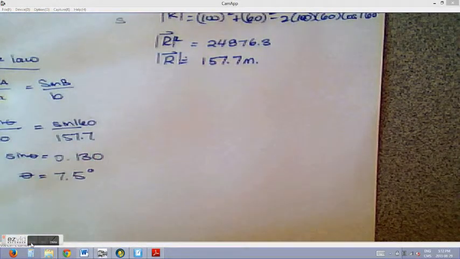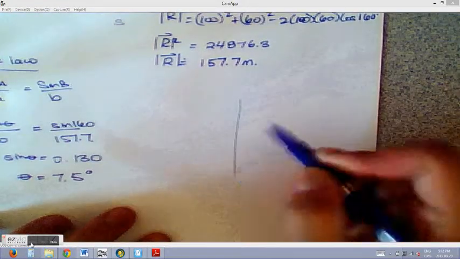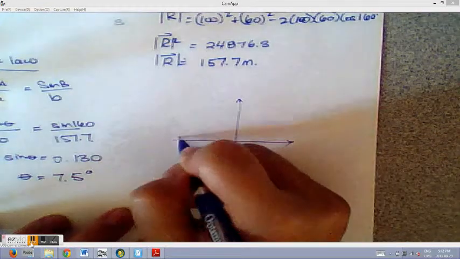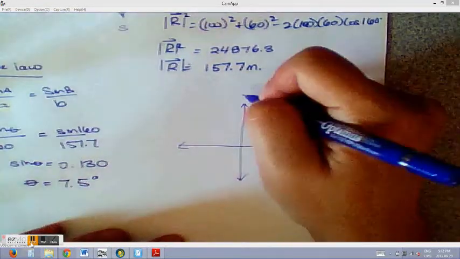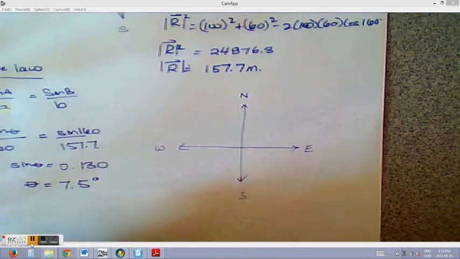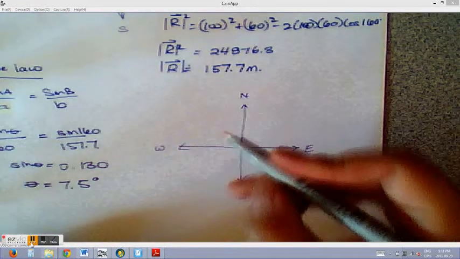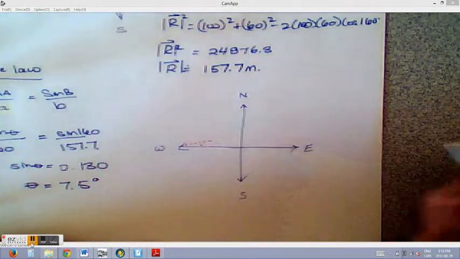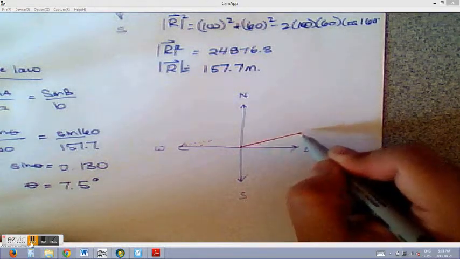Remember that I can move vectors around. So if I was to redraw this, I said this was north, south, west, and east, and I redrew this resultant vector over here. This was 7.5 degrees.